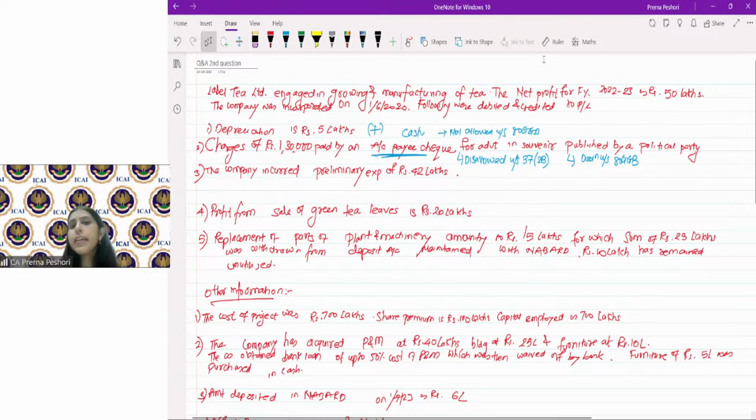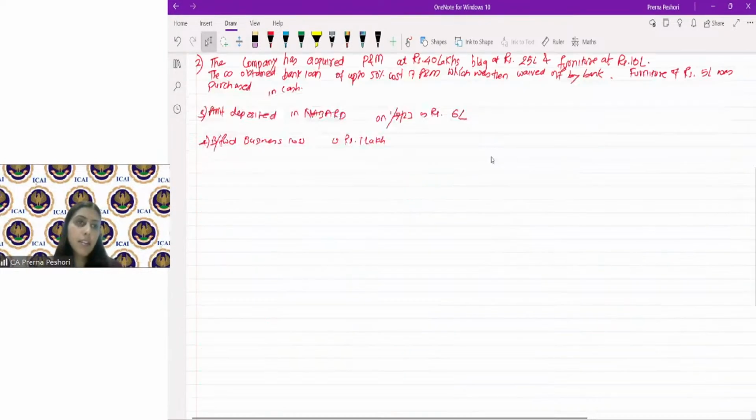So in this particular case, which section is allowing you this deduction of the preliminary expenses? Now, under 35D, what is the deduction that is allowed to you? Let me just write it down over here.